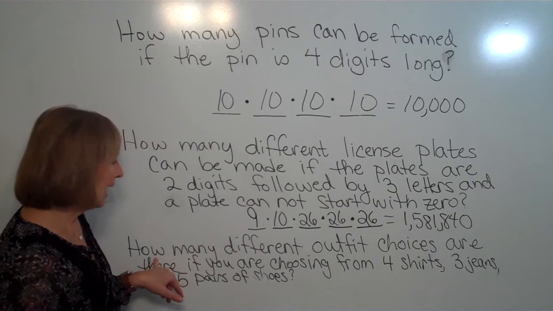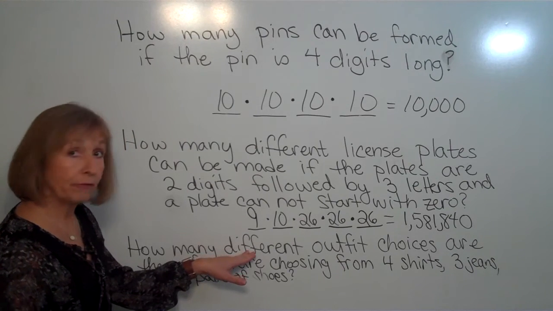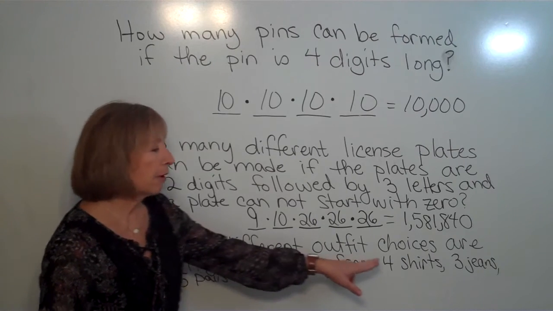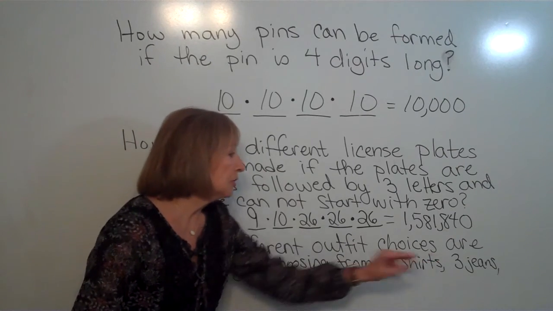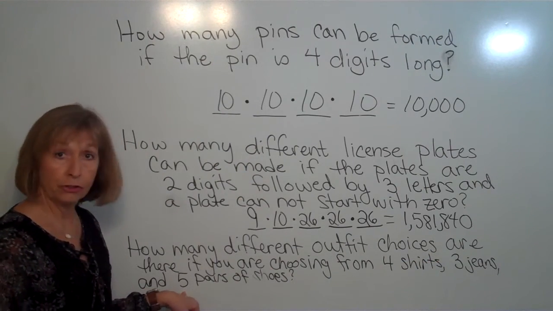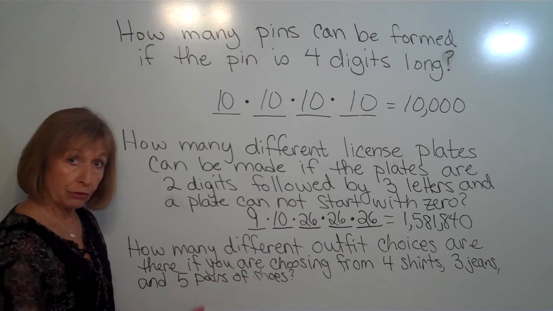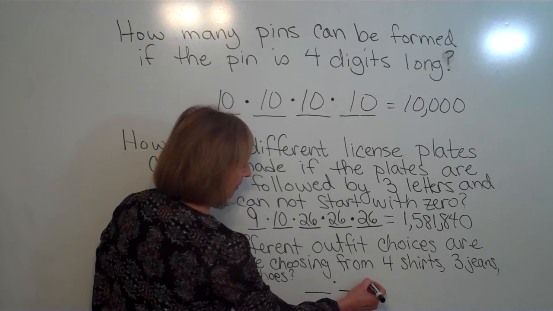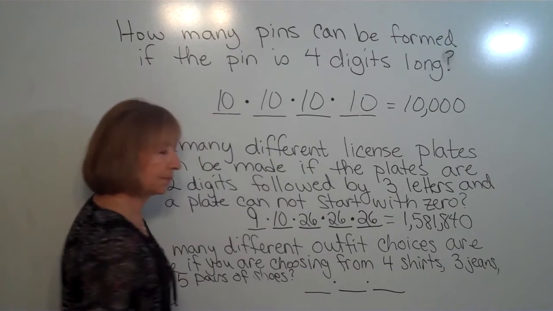Okay, then the next one. How many different outfit choices are there if you are choosing from 4 shirts, 3 jeans, and 5 pairs of shoes? Well, your outfit choice is going to be pick a shirt, pick a pair of jeans, pick a pair of shoes.